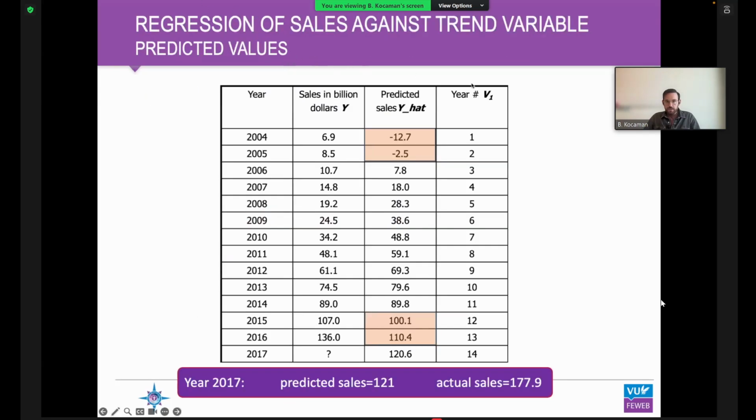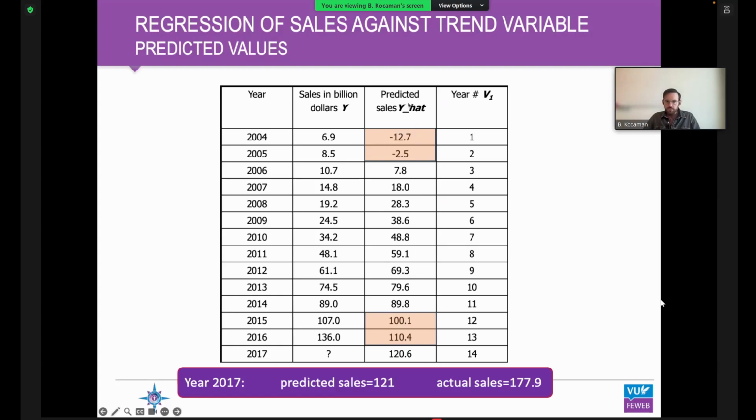And for this, as always, we can look at predicted values and the prediction errors as well. So for each of these observations, we can get the predicted sales based on our linear regression model. And this is also what I meant with what we have seen so far with the assumptions. So these are the fitted values, just to make that connection.